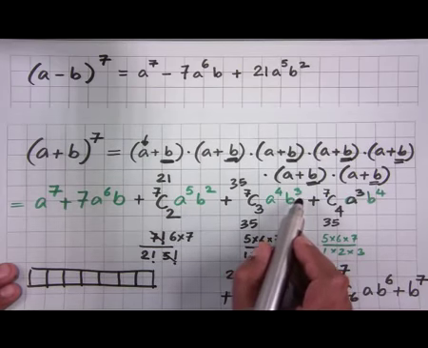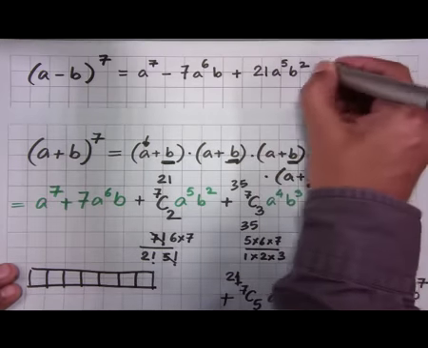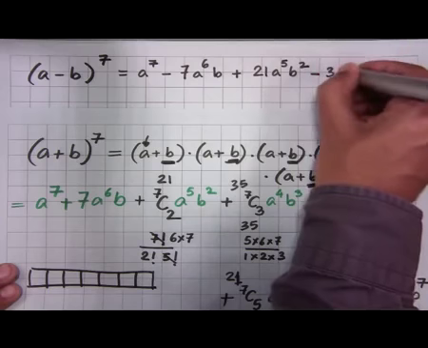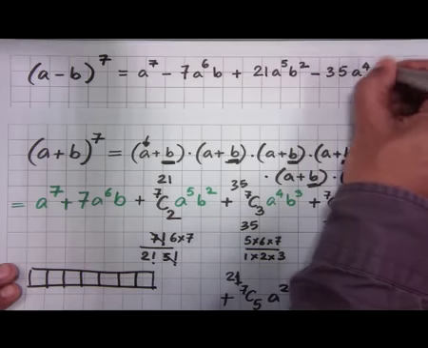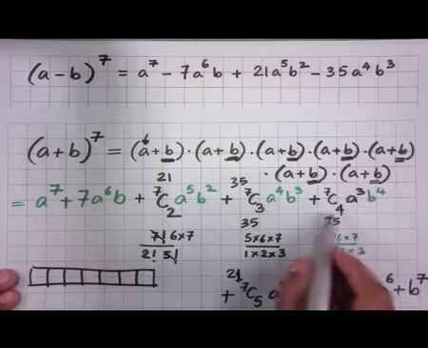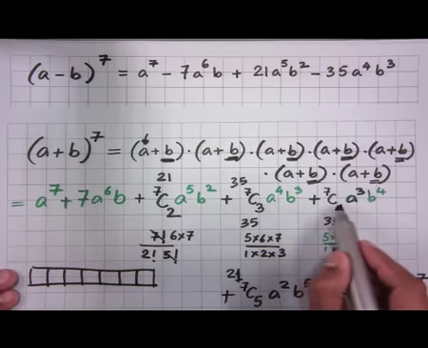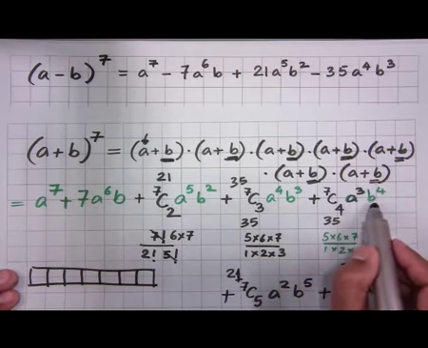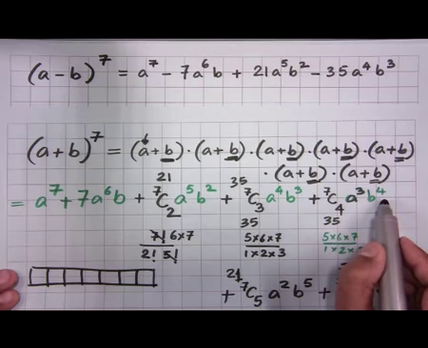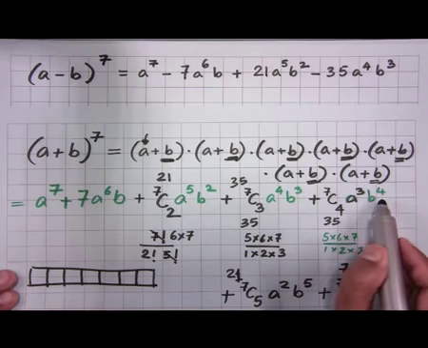You replace b with minus b, you get minus b cube. And then you have 35 a cube b power 4, you replace b with minus b, you still end up with b power 4.